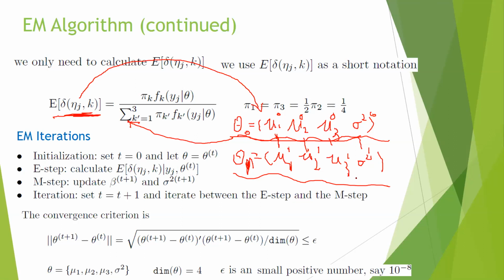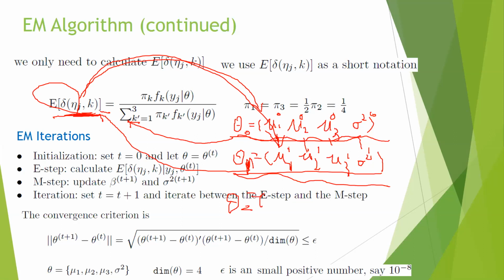However, if you continue to do this, once you finish the first step, you can use the updated parameter values to recalculate the expected value. Once you update this expected value, you can go back to re-estimate theta again. Now we set step 2.